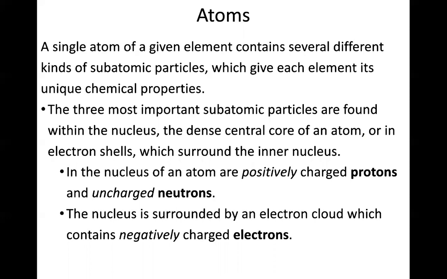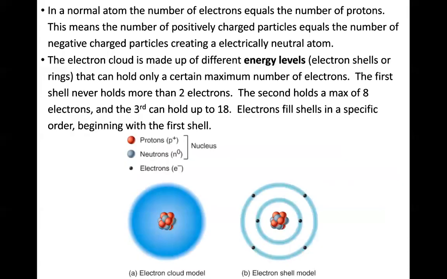Each of those elements has different numbers of protons, electrons, and neutrons, and that's how they're all unique and different from one another. Those 3 important subatomic particles are either found within the nucleus, which is the dense core of an atom, or surrounding it in shells, rings, layers, whatever you want to call it, which is where the electrons are. The protons and neutrons are found in the dense core of that atom.